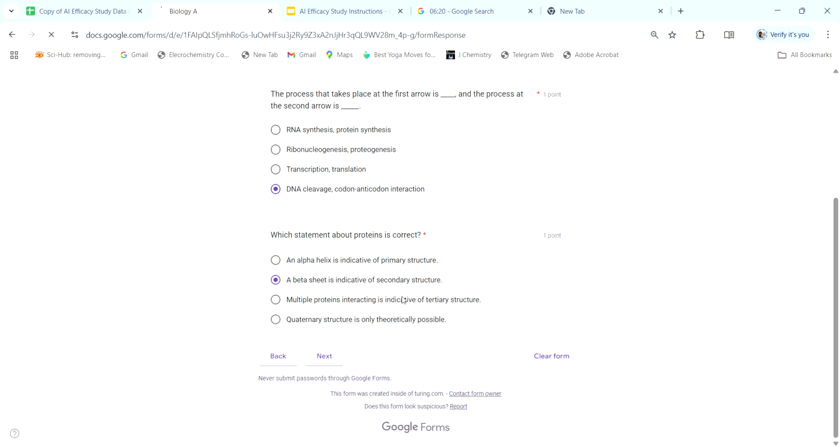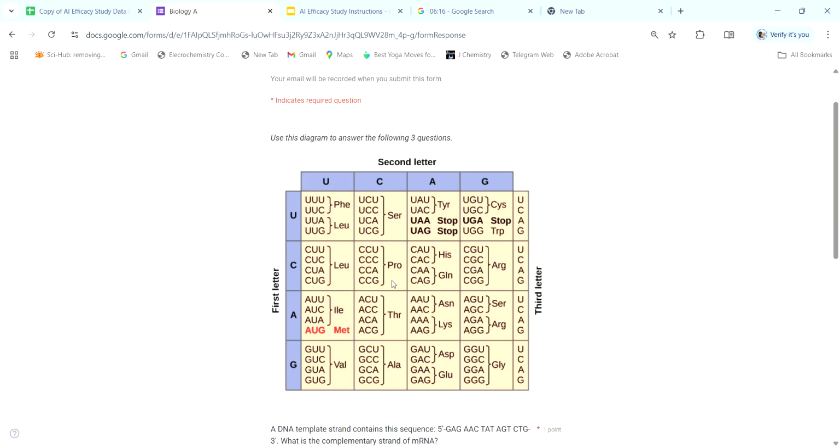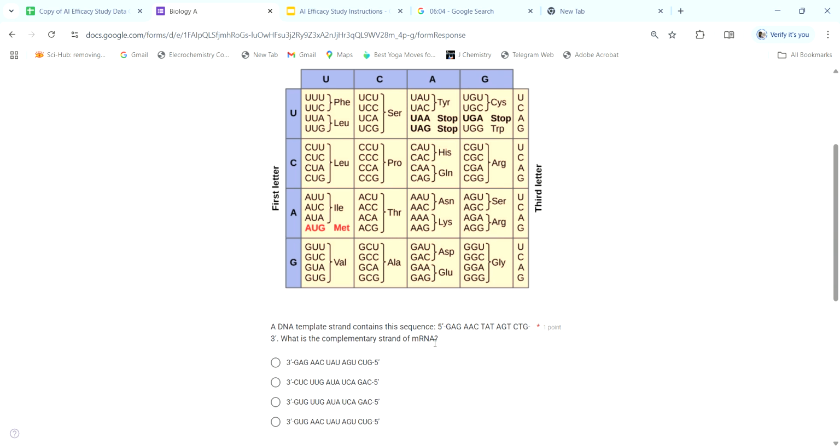Okay, so there is some amino acid. Use this diagram to answer the following three questions. A DNA template strand contains this sequence: 5' GAG, AAC, TAT, AGT, CTG 3'. What is the complementary strand of mRNA?